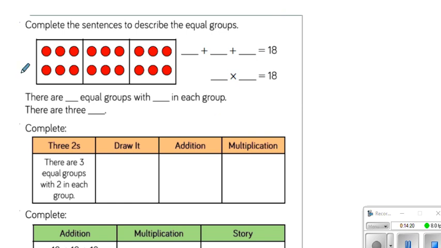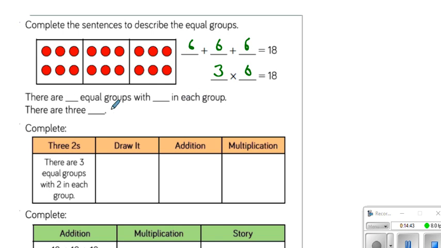Okay, we've got 3 groups of 6 here. 6, I'm going to try and use the pen again, plus 6, plus 6, making 18. 3 groups of 6. 3 times 6 equals 18.